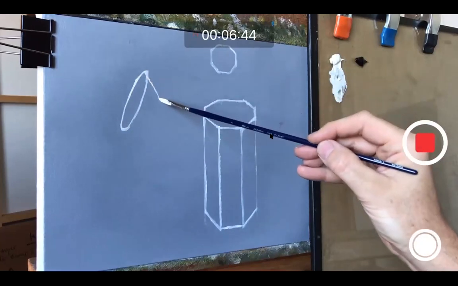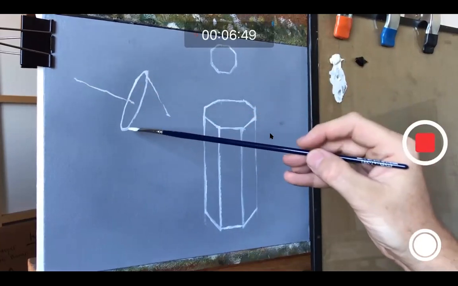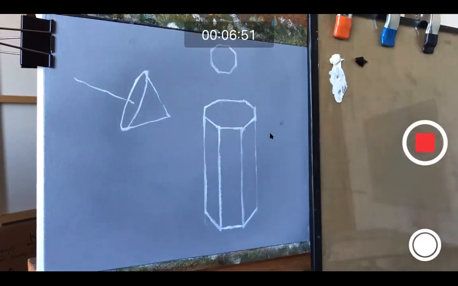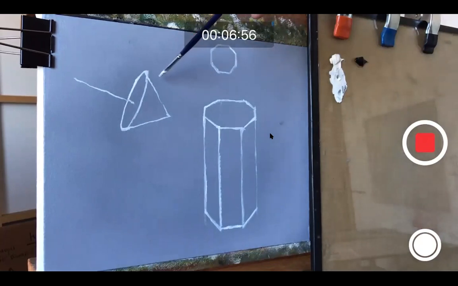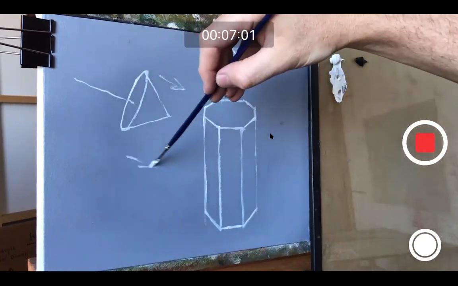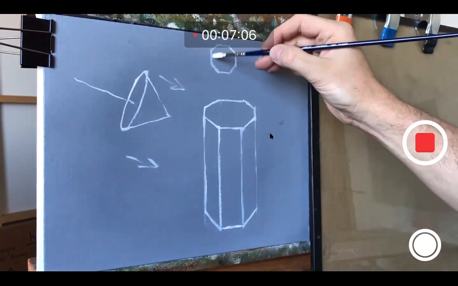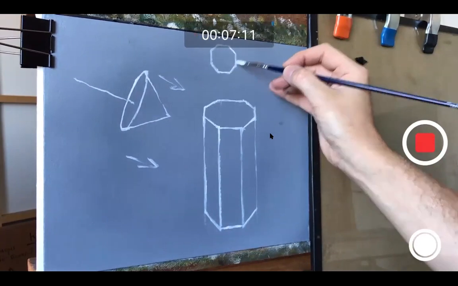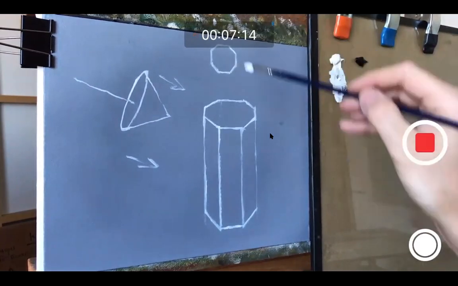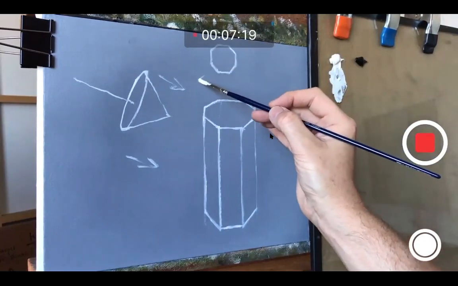So the light source is coming from the left and slightly above. Then in our view of the column from above, the light would be coming this way.